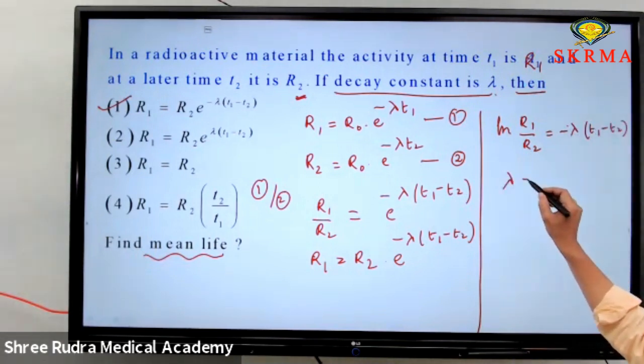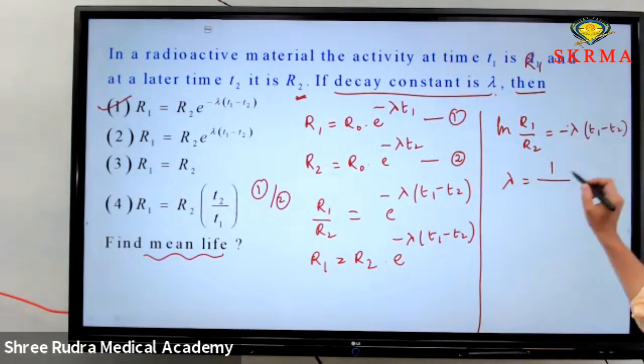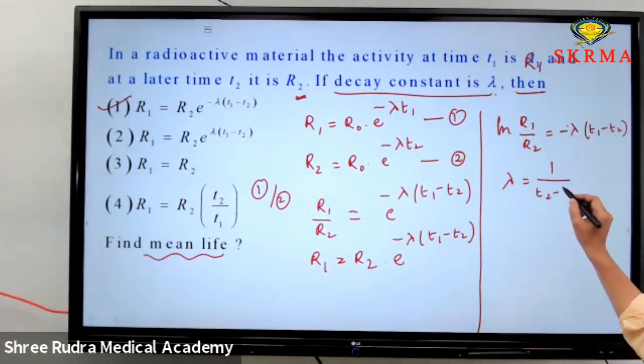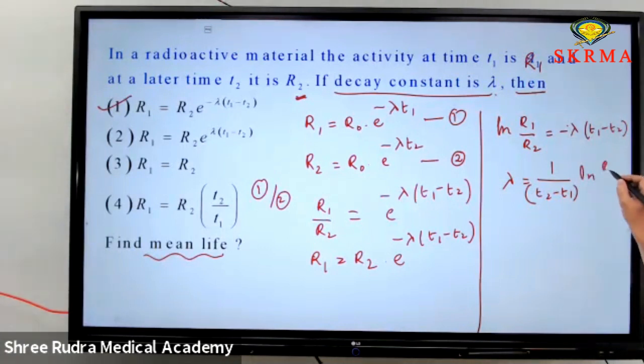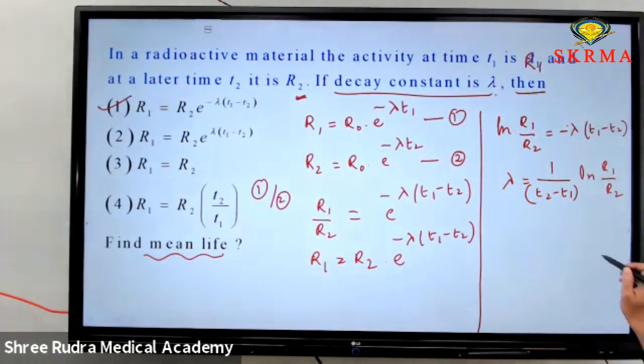From this, lambda can be written as 1 by (T2 minus T1) times ln R1 by R2. This is the lambda value.